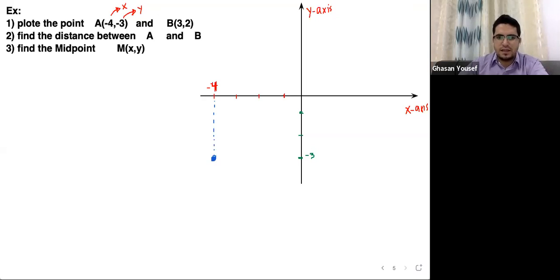The second thing, for B, the second point, 3 and 2, is exactly the same. We go to the 3 on the x-axis. So here is the 3. 1, 2, 3.